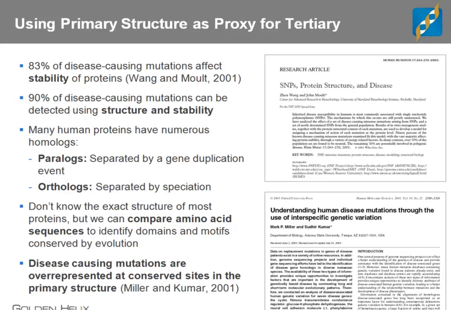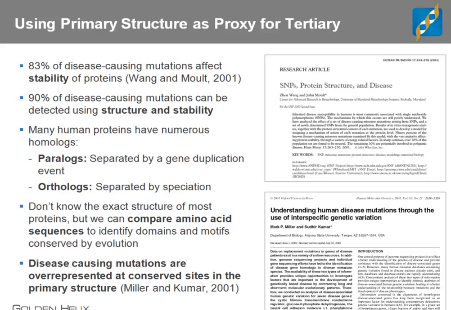Now, we know that most, if not all, human proteins have numerous homologs. There are two different types of homologs. A homolog is a second or third, just an additional protein that has a very similar primary sequence or a very similar structure.